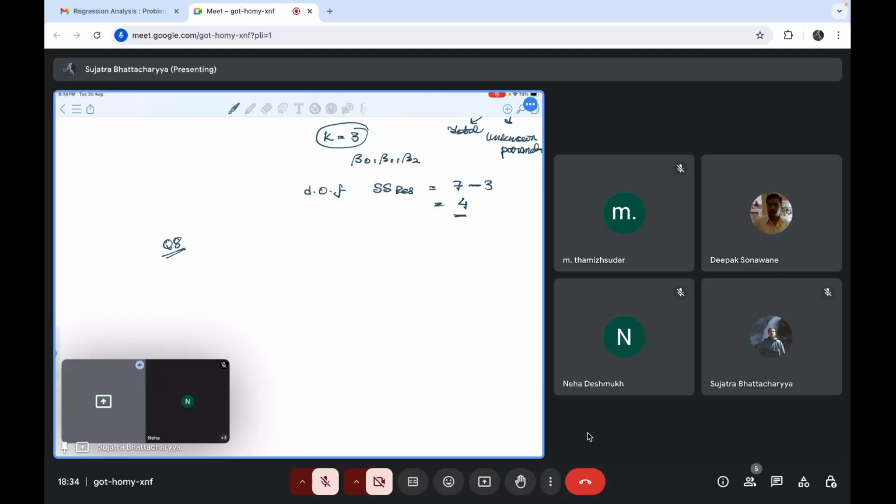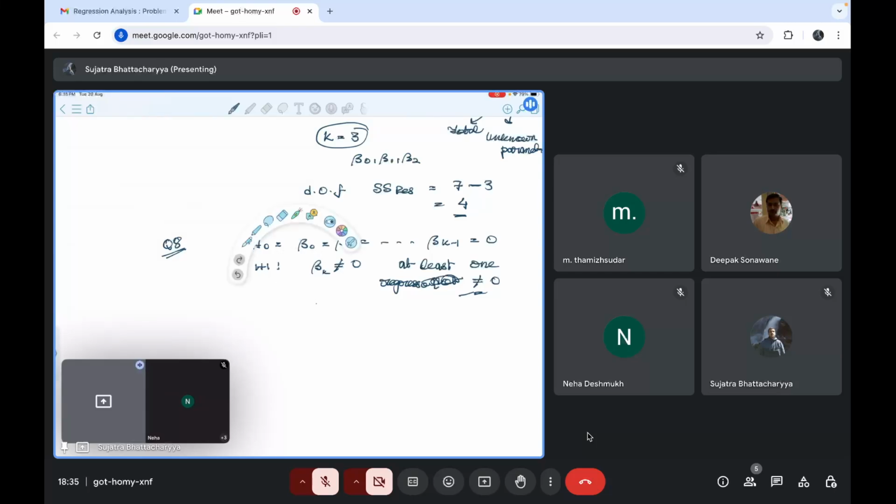Here H naught will be: beta naught, beta 1, and so on to beta k minus 1, all are 0, and H1 is any of the betas is not equal to 0. At least one is not equal to 0, so at least one regression coefficient is significantly not equal to 0.